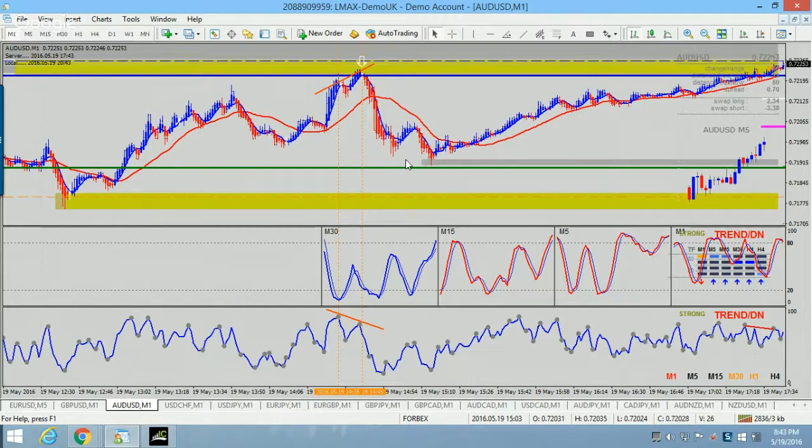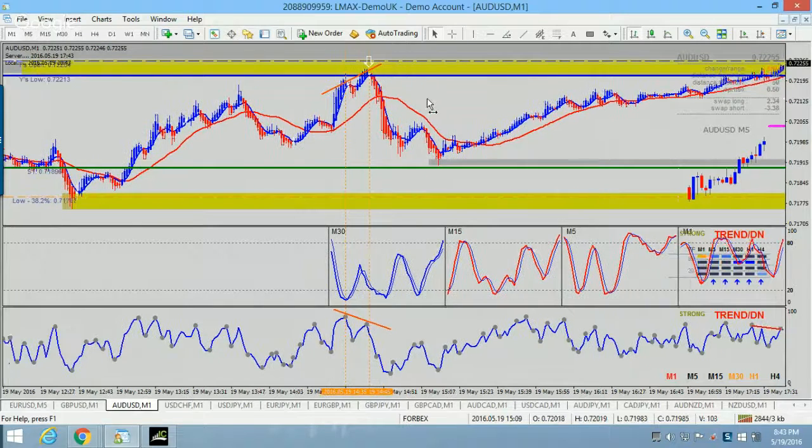Okay, so these are the aspects that are really important when we take into consideration supply and demand areas. Those are the areas where you have to look for opportunities. Those are the areas where we can predict.